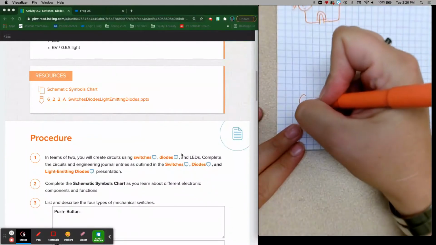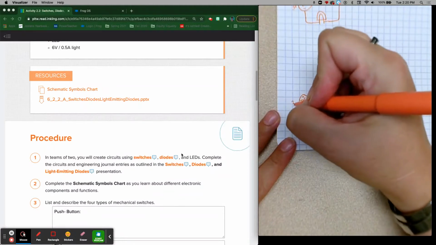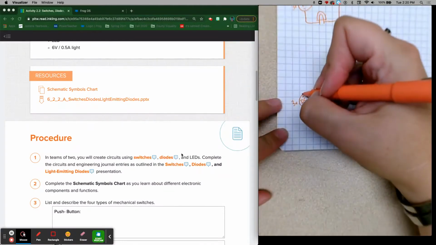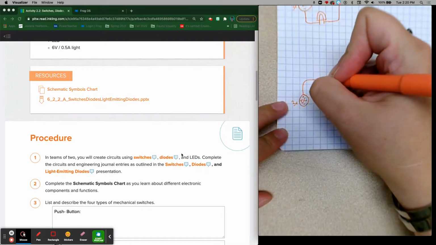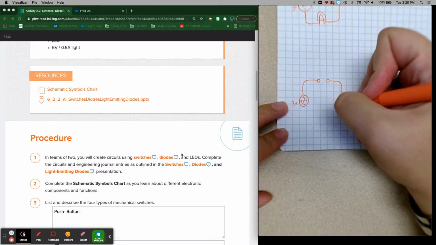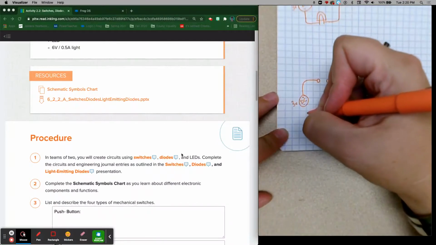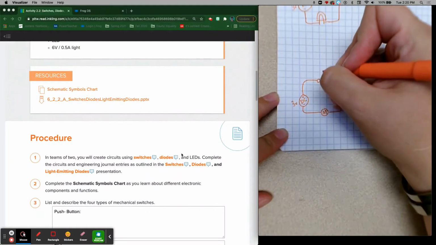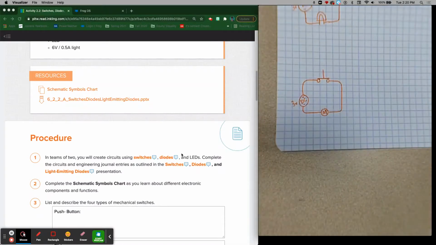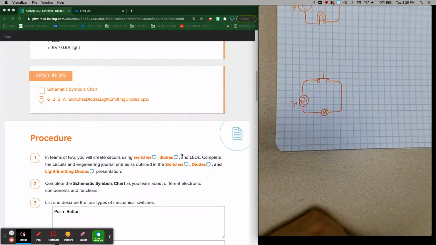We're going to use that DC power source. I'm going to mark over here that it's 3 volt. And we want a push button switch and a motor. And a push button switch looks like that. So let's go back to our diagram.